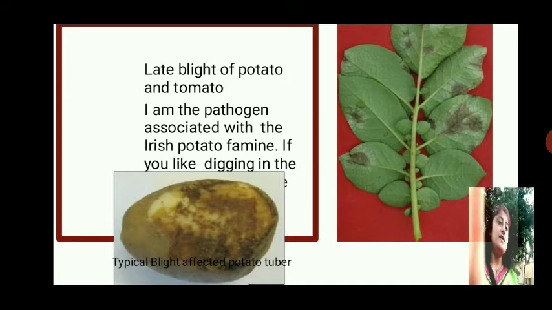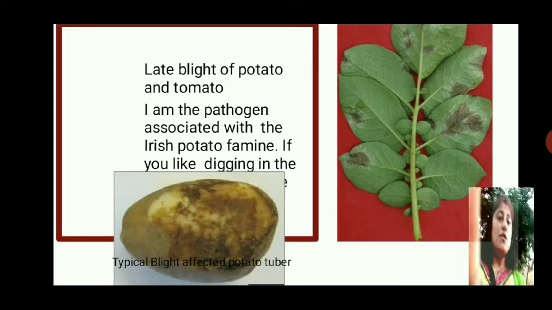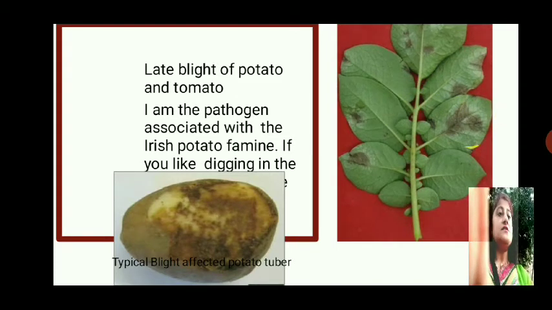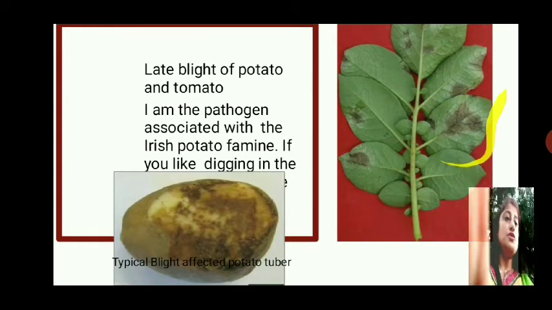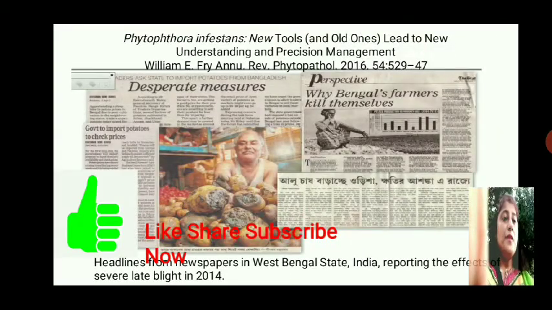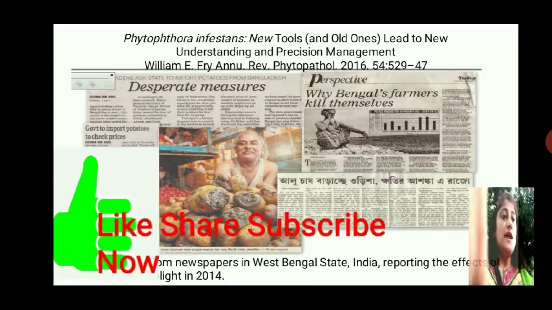So here we see the symptoms that are visible on the foliage as well as the potato tuber when the disease affects the crop. Initially, the symptoms are seen on the leaf. Here we see there are some black delineated lesions that are necrotic in nature, and they are initially brownish and later on, when they mature, they become purplish or blackish in color.